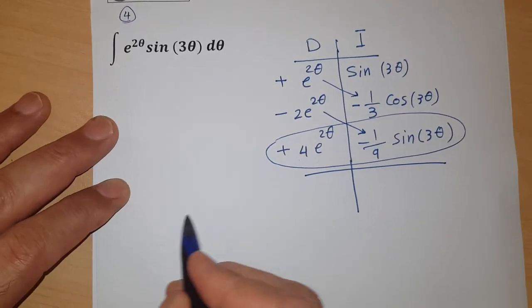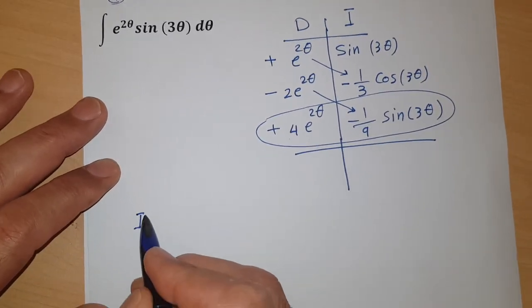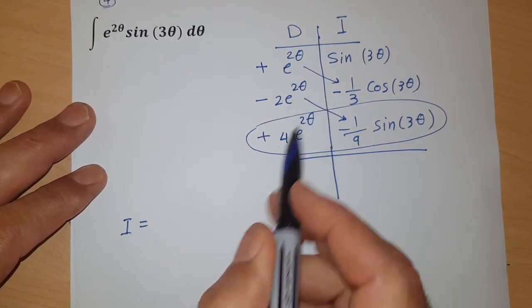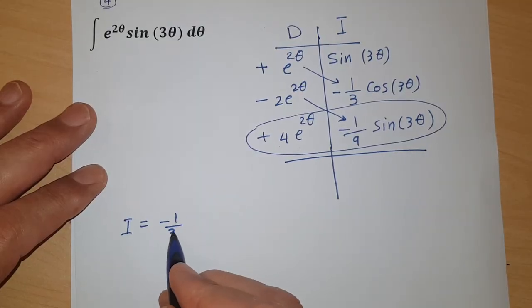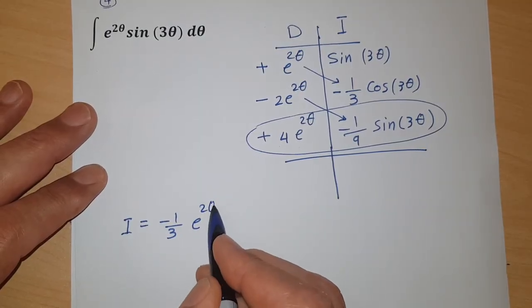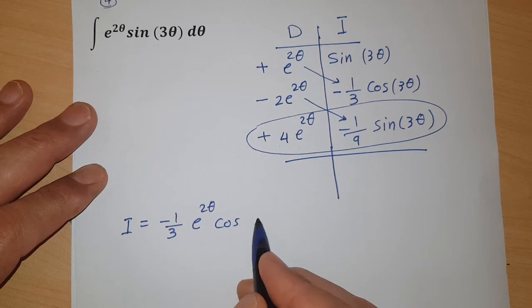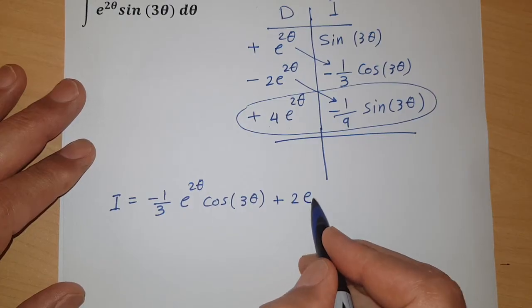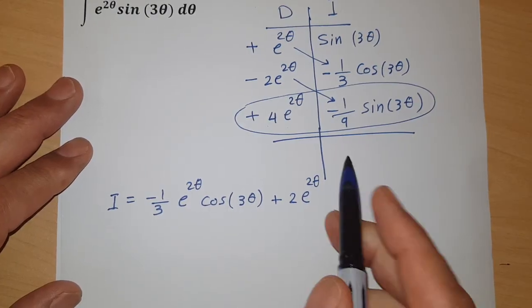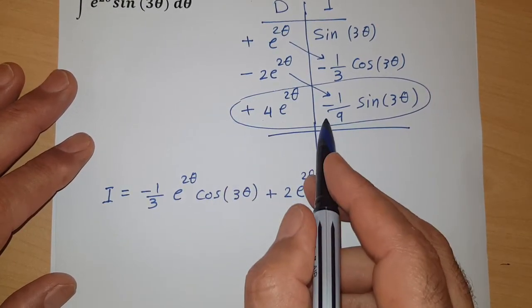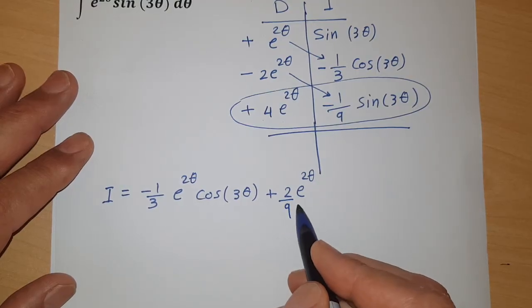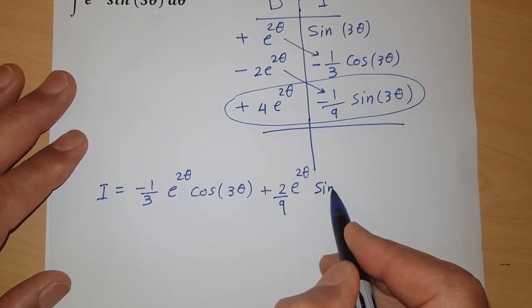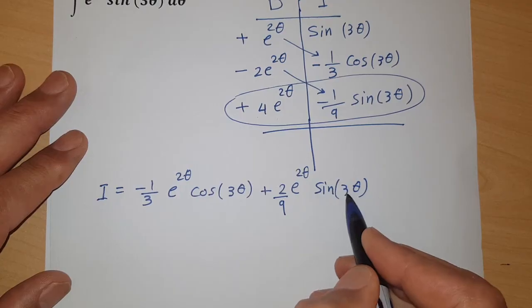So the integral I have here, I is equal to, multiply with me now, negative 1/3 e to the 2 theta cosine 3 theta. Okay. Negative and negative is positive. 2e to the 2 theta, 2/9, really, negative times negative, 2 times 1/9, 2/9, e to the 2 theta sine 3 theta, okay?